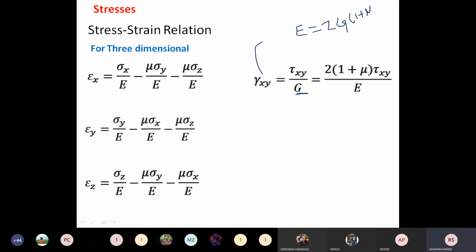Am I right? G is your modulus of rigidity, E is your modulus of elasticity. I have used this equation and replaced G by this term, that is, 2 into 1 plus mu upon E. Do you know this equation?